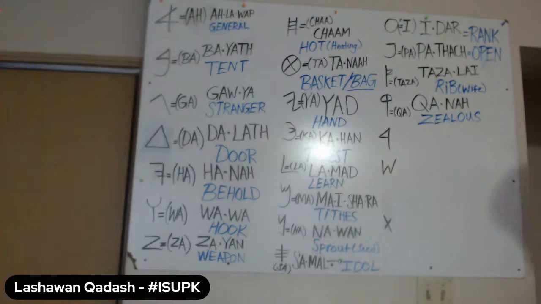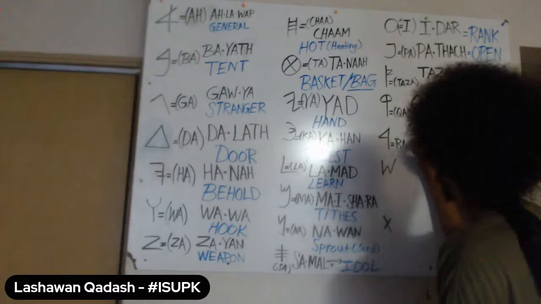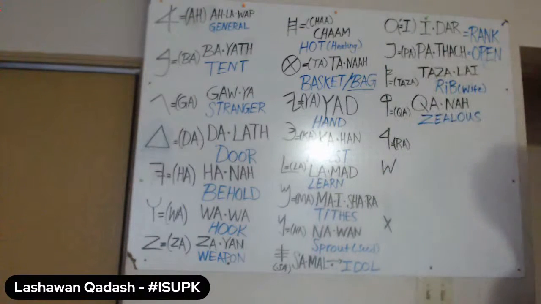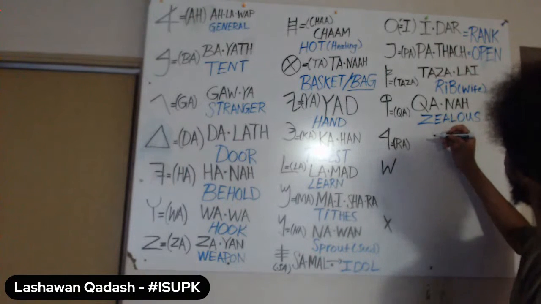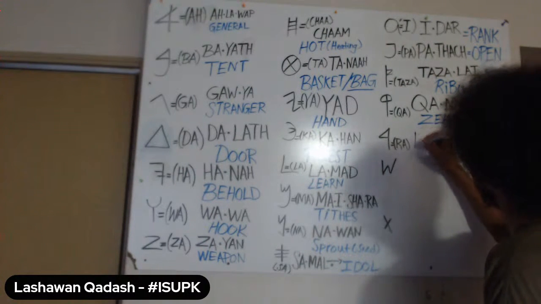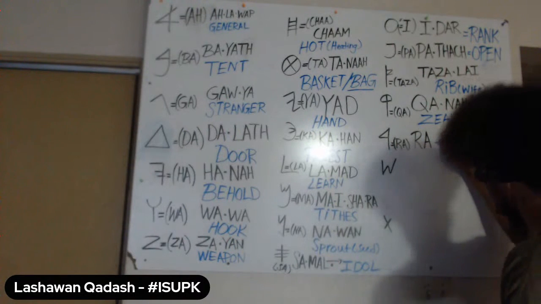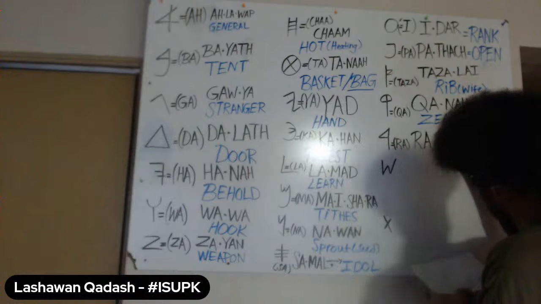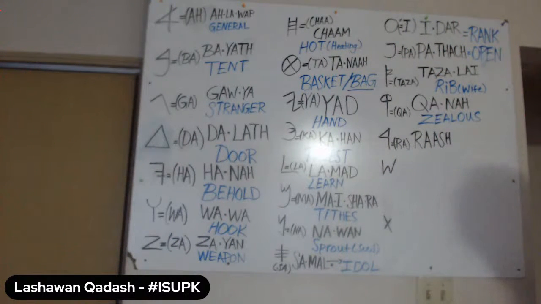The Ra. All right, that's Ra. Right. Ra. Let me see. We'll all go together. Ra'ash. Ra'ash is the word that we've seen a thousand times. Okay.